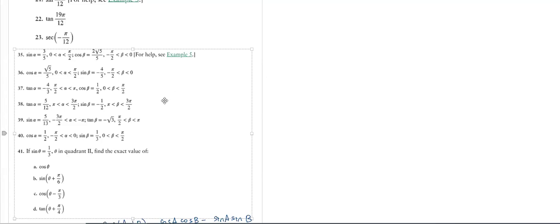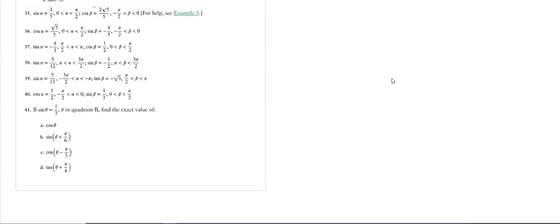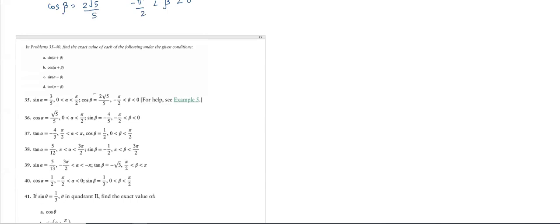So what are we trying to find here? In the next set of questions, we are finding all four, A through D. The first problem is 35, which we got started, but I'm going to do it again.